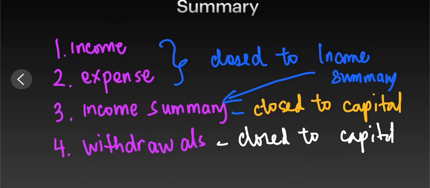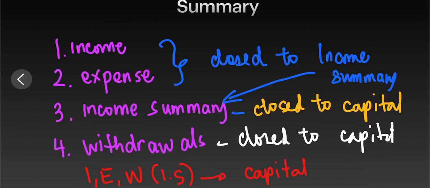So we can sum it up that income, expense, and withdrawals, which are considered to be temporary accounts, including the income summary account, is being closed to capital account.